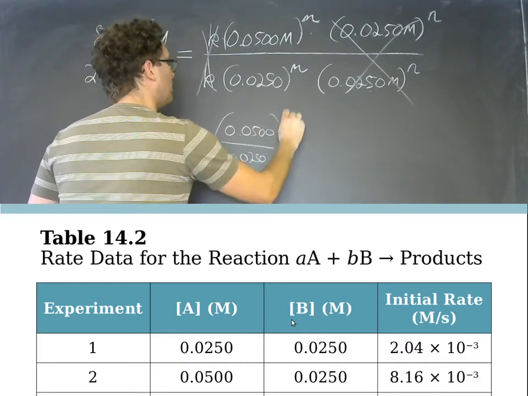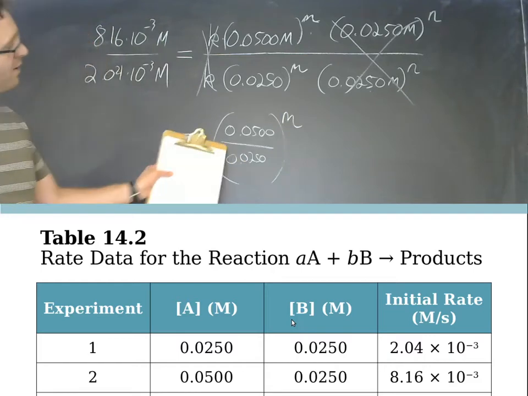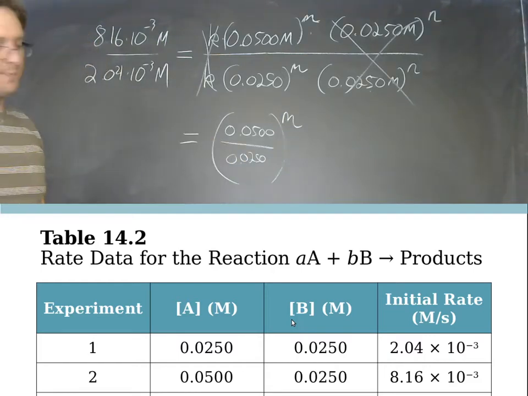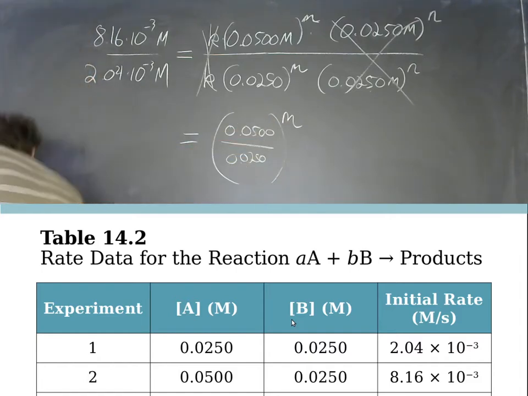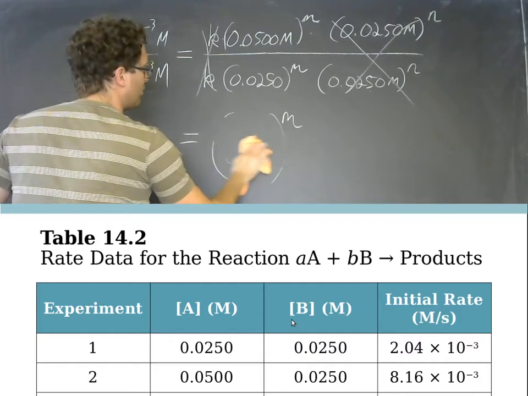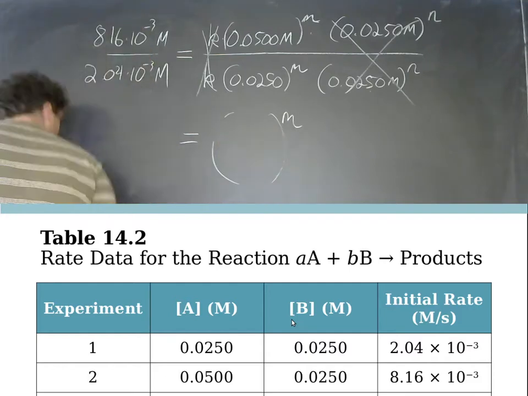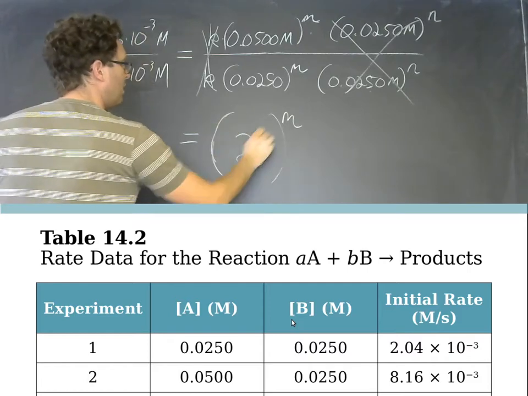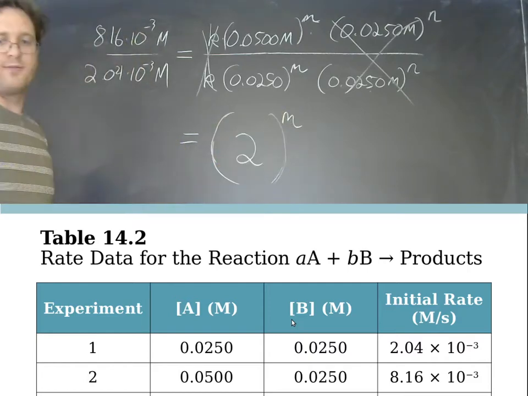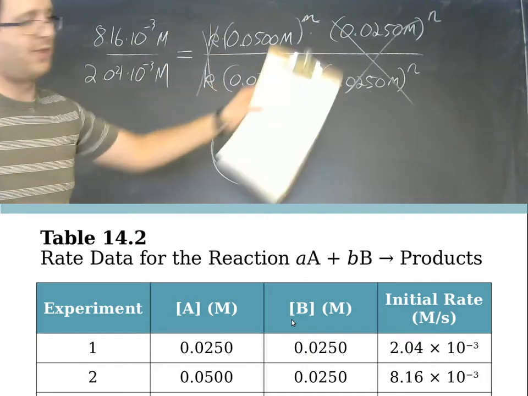I can put them together in a parenthesis with the m on the outside. And of course, 0.05 over 0.025, those were intentionally chosen to be a simple ratio of 2. 2 raised to the power of m is what we get on the right side.